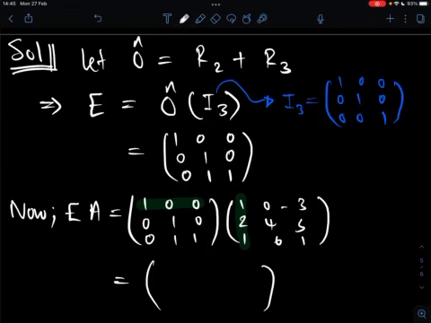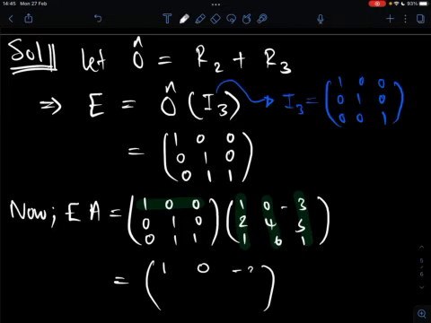If I take those two together, I get 1 as my result. Then I shift to the second column and keep my first row. When I multiply there, I get 0. Then I move to the third column and repeat the procedure, and I get minus 3.